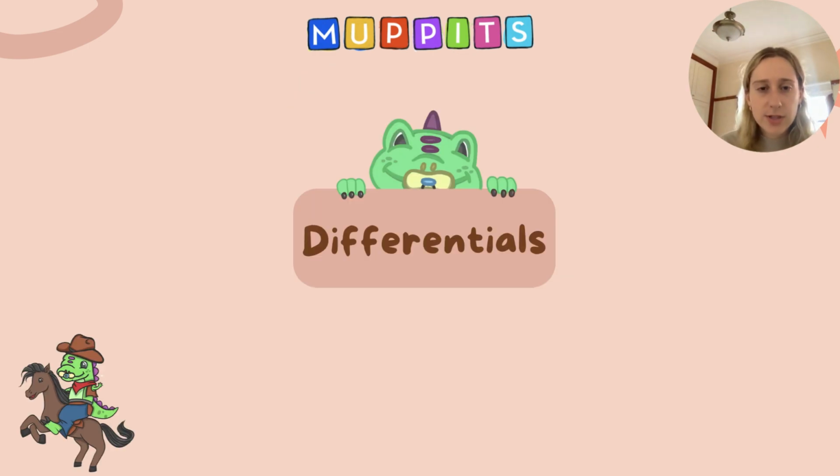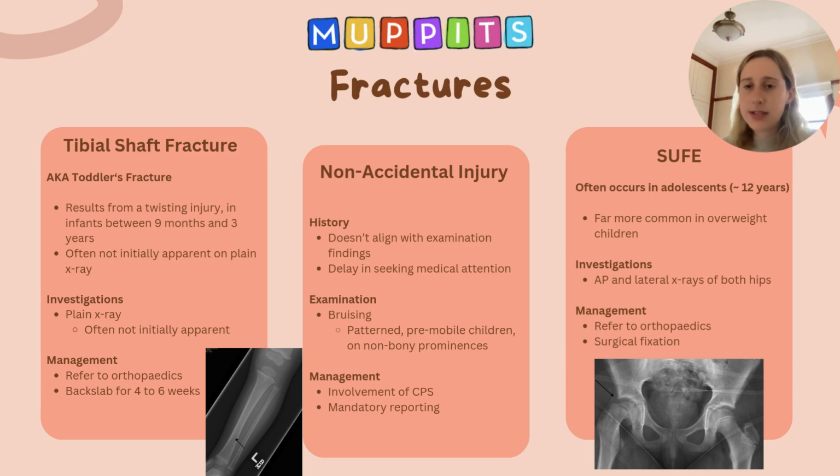So now just moving on to discussing a few differentials from each category in a little bit more detail. First of all, we have the tibial shaft fracture, which is also more commonly known as a toddler's fracture, which commonly results from a twisting injury in infants between 9 months and 3 years of age. It may not be seen on a plain x-ray initially.